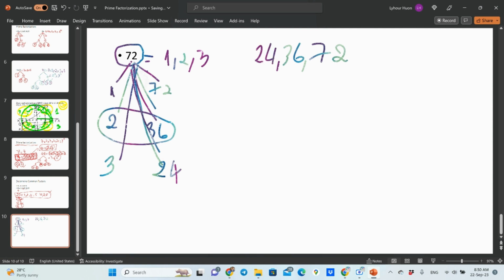Okay, what is the next pair? Now we found three pairs, which is six numbers already. And what is the next pair? Is it divisible by four? Is it 8 and 9 now? No, not yet. We don't jump to the big number.